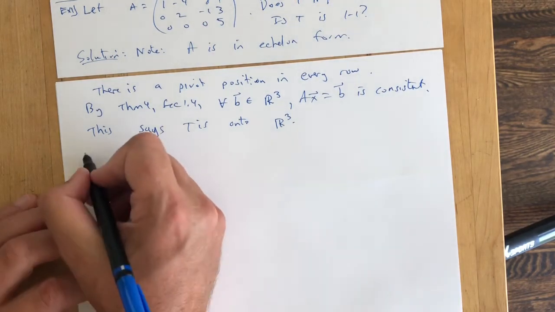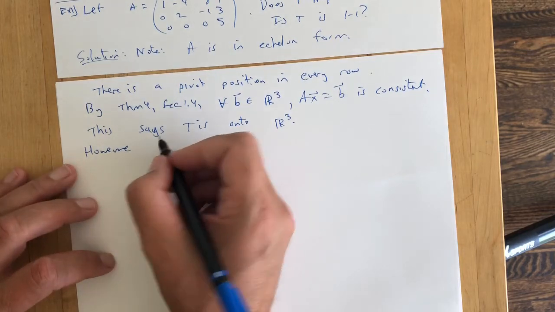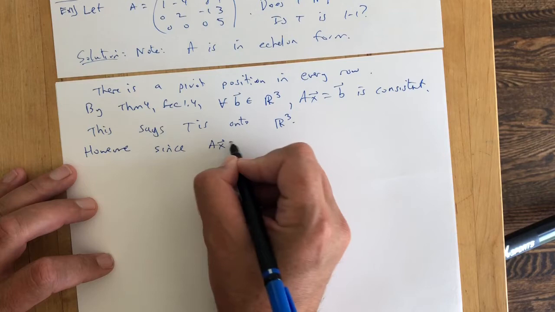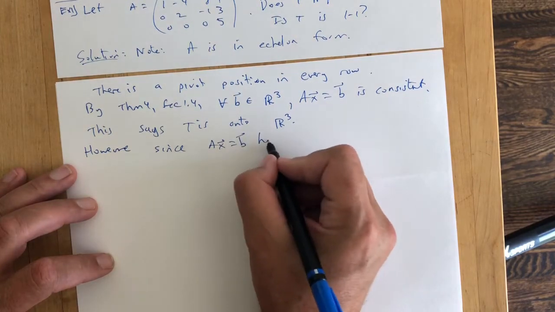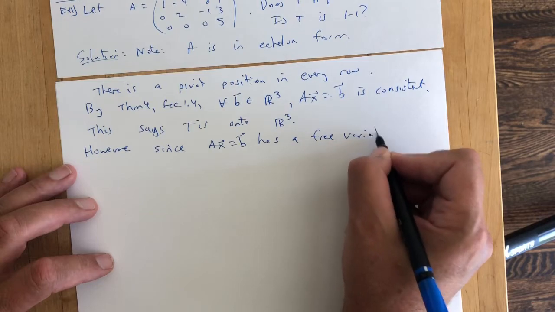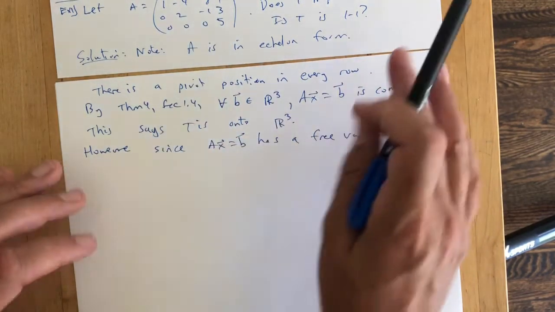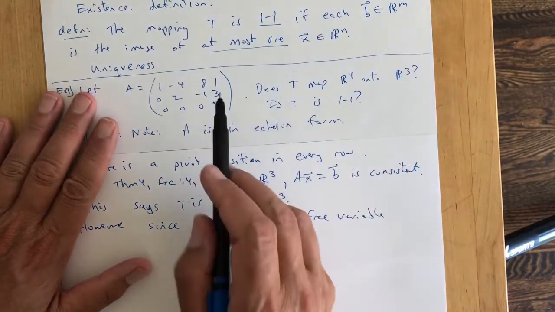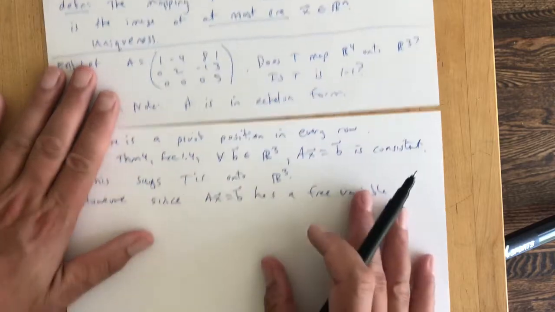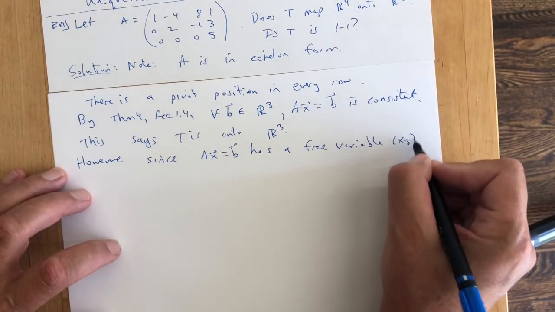Okay, however, since the equation Ax equals b has a free variable, namely what? Well, you see this matrix? Pivot, pivot, pivot. No pivot in the last column, so x3 is free.